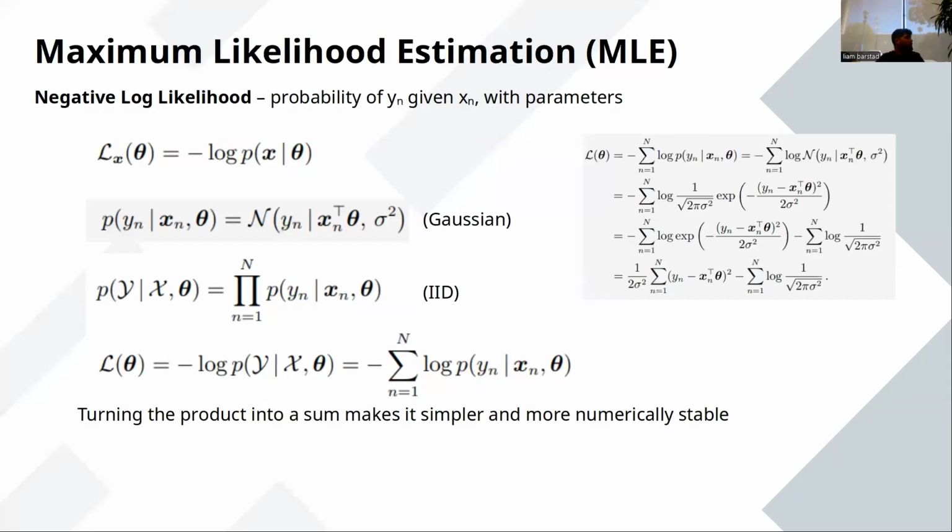We get the probability that a particular value X occurs in the data, given the parameters that we're updating and training on. And then we add the negative log to it.